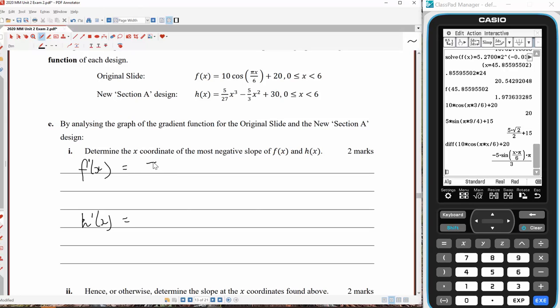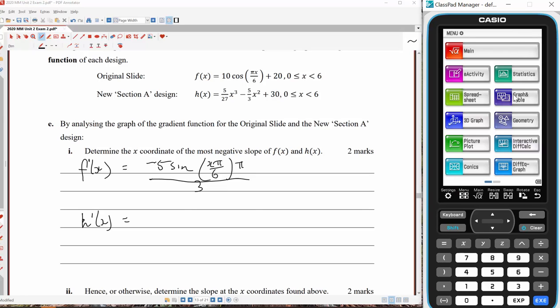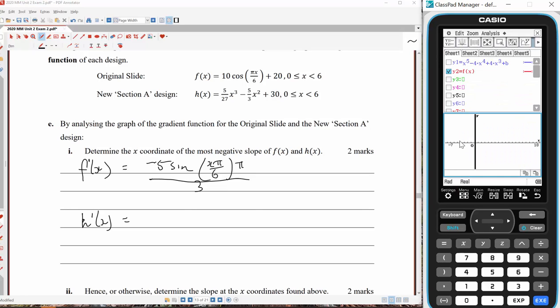So it's -5 sine x pi on 6 multiplied by pi all over 3. And that's going to be over the domain 0 to 6. So let's copy that, go into graph and table, and paste it. Let's just check out the gradient graph. All right, so that's where it's most negative.